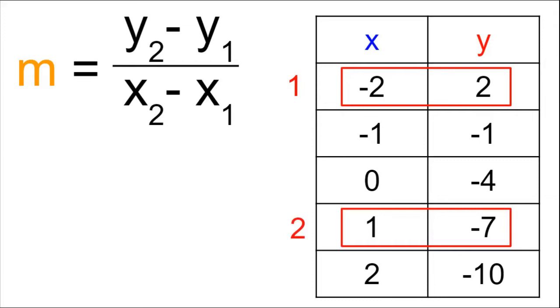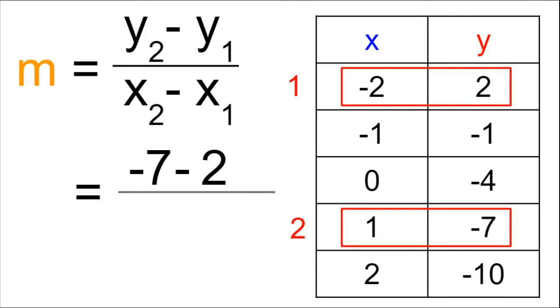Now what we need to do here, the next step is to look at y2. So we look at our second point, 1, -7, and we find the y coordinate. So the y coordinate of 1, -7 is -7. Now we're subtracting this by y1. Now we look at our first point, -2, 2, and we find the y coordinate, which is 2. So we're subtracting it by 2.